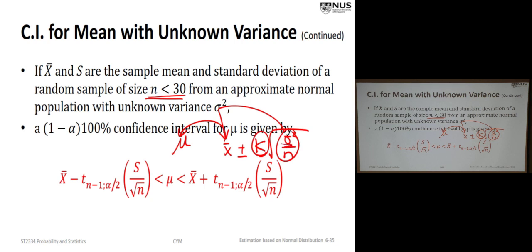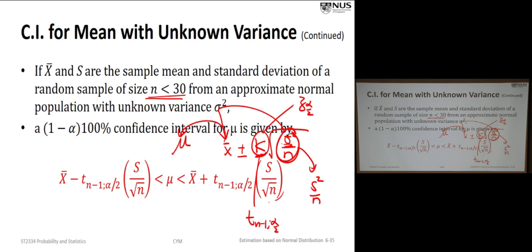If sigma squared is known, then this k is taken from a standard normal. If sigma is not known, then we have to replace this by its estimate, s squared over n. In that case, it becomes s over root n as the square root. Then this k now becomes a t-distribution, alpha over 2. All right.